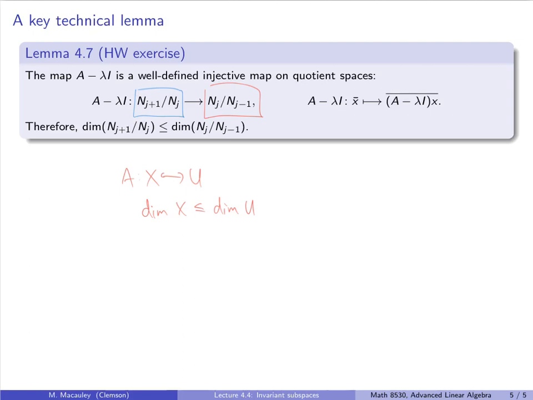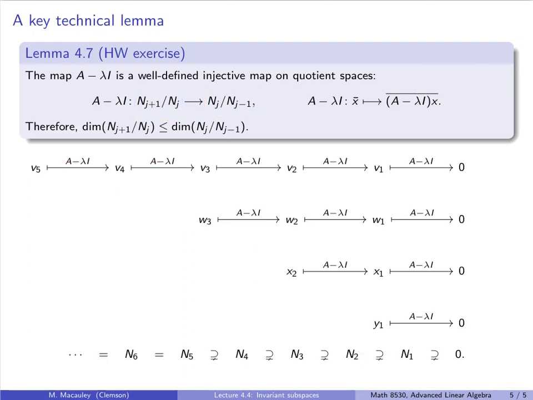Okay, let's now compare it to that 11 example so we can really start to understand what this is all about. Let's start with N5 mod N4. This N5 is 11-dimensional. It's spanned by these 11 vectors. N4 is 10-dimensional, so the quotient is going to be 1-dimensional.